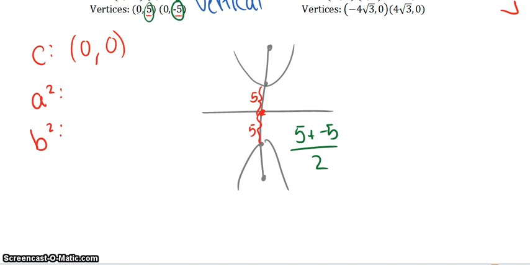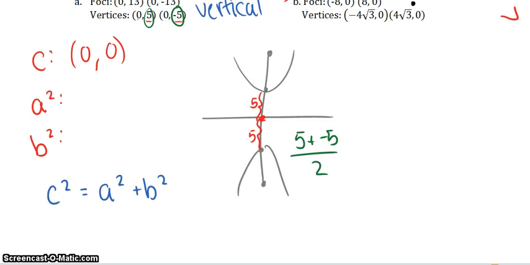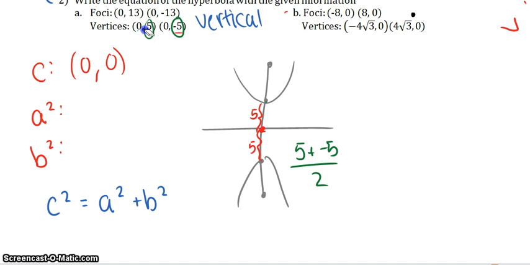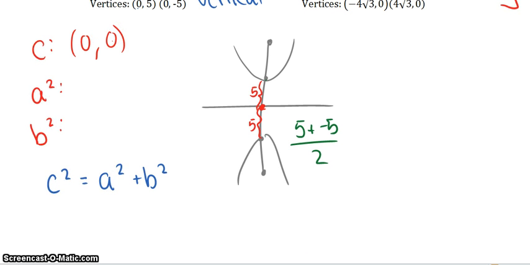In order to find our a squared and b squared, we're going to need to use our foci equation, which is c squared equals a squared plus b squared. And we can fill in the information we know. First thing we know is our foci are c units away from the center. In other words, you're adding or subtracting 13 units to our y value, which means our c value is 13. So c squared would be 13 squared.